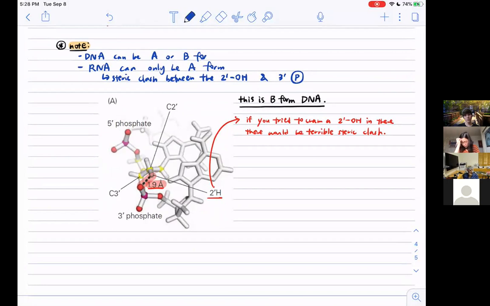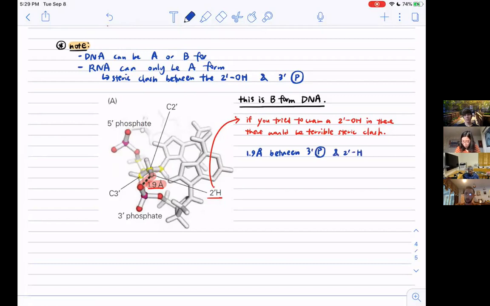You can see that in the picture, there's a 2' hydrogen, and the distance between the hydrogen and the 3' phosphate is only 1.9 angstroms. And so here, I'm gonna write that, 1.9 angstroms between 3' phosphate and 2' H.